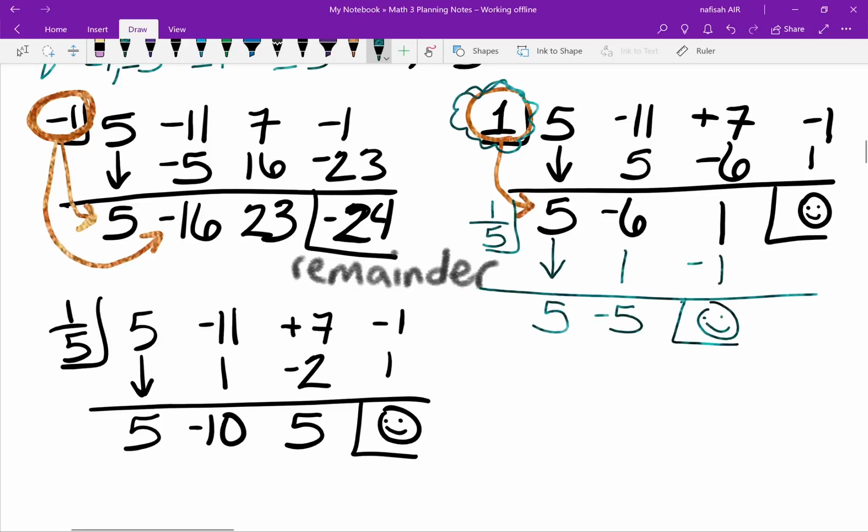If you continue on from a root that you've already found, you have fewer numbers you're going to be working with. Over here, I'm working with 1, 2, 3, 4 numbers. Right here, I'm working with 1, 2, 3 numbers. And I've gotten it down to 2 numbers. So I could do negative 1/5. If I did negative 1/5, I would just continue off of this to see if negative 1/5 works.